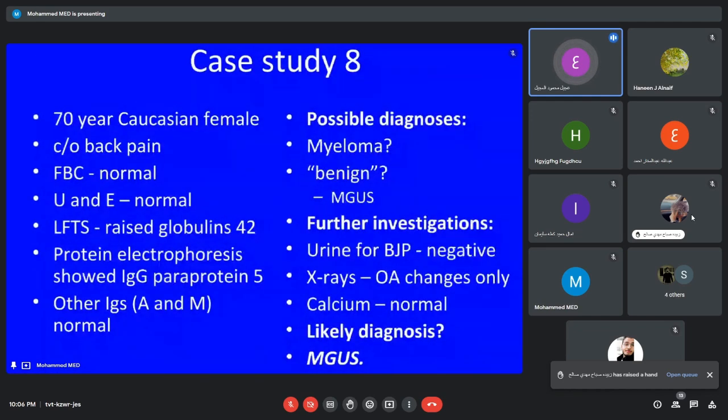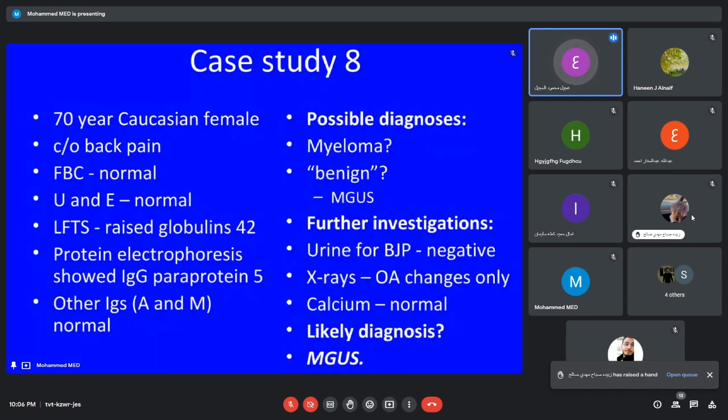A 70-year-old Caucasian female complaining of back pain. Her full blood count is normal, urea and electrolytes normal. Her liver function tests show raised globulin 42, protein electrophoresis showed IgG paraprotein 5, other Igs, A and M, were normal. Possible diagnosis: myeloma or benign MGUS.